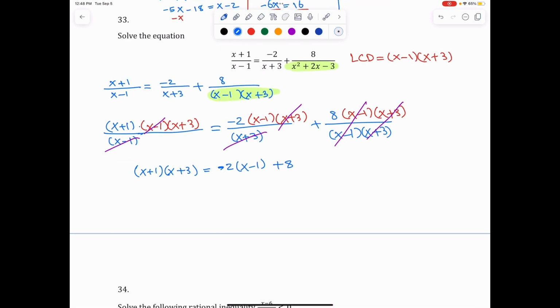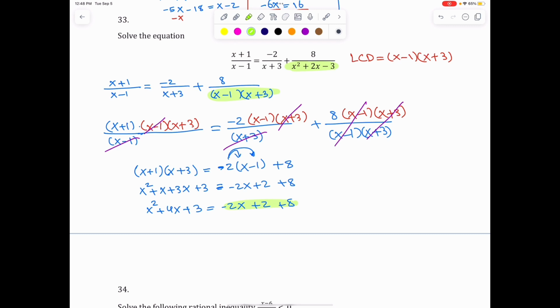So that is going to give me x squared plus x plus 3x plus 3 equals, and then I'll distribute the negative 2. So equals negative 2x plus 2 plus 8. Right, this is going to be x squared plus 4x plus 3 equals negative 2x plus 2 plus 8.